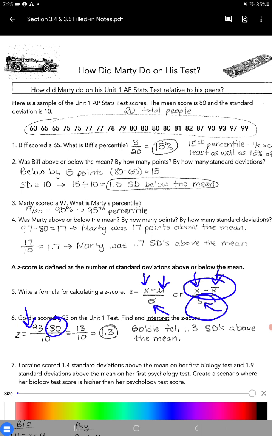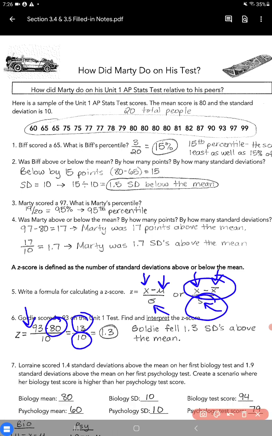Okay? We are going to compare that 13 to how far away from the average everyone else was. Well, on average, everyone else was within 10 points of the mean. So 13 divided by 10 is 1.3. Goldie fell 1.3 standard deviations above the mean, and that is her z-score.